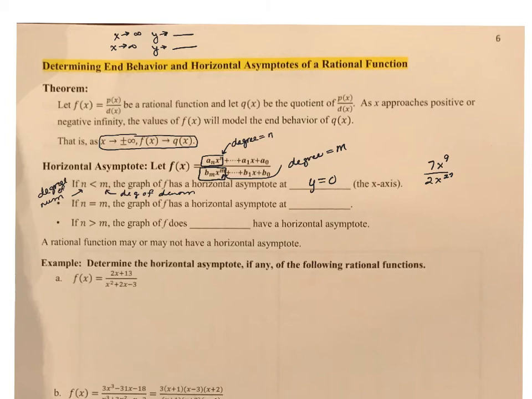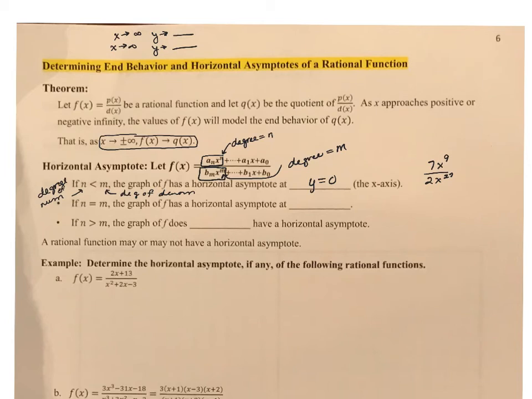If I put in an infinity for x, I'm going to have infinity to the 9th degree divided by infinity to the 27th degree. Well, infinity to the 27th degree is so much larger. It's unbelievably larger. When you take a number and divide by a much, much larger number, your answer is going to be very, very close to 0. And so that's where we get y equals 0. Okay, so that's my first scenario: the degree of the numerator is less than the degree of the denominator.